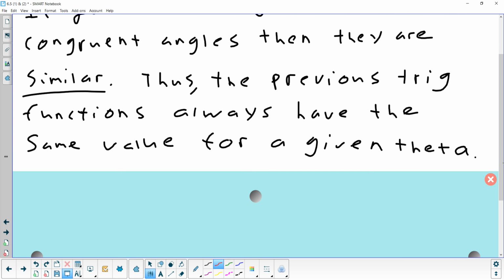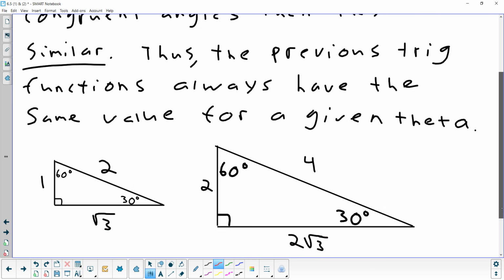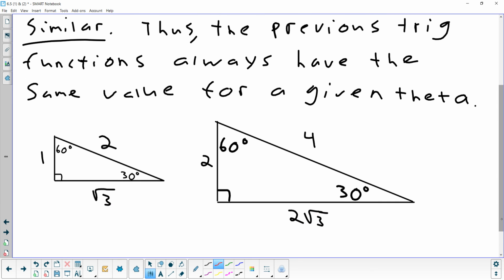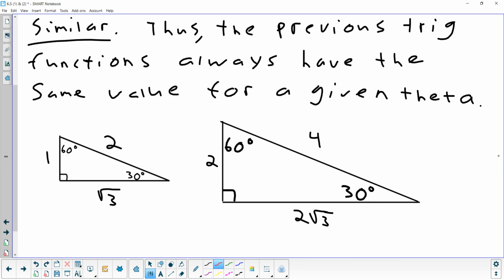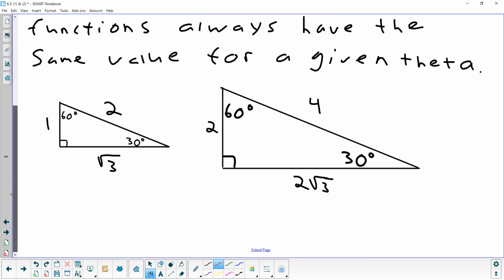Okay, so trig functions always have the same value for a given angle. Let's look at this example. These are two 30, 60, 90 right triangles. And the sides are properly scaled, so these are to-scale pictures. Let's find the sine of 30 degrees in the left triangle.